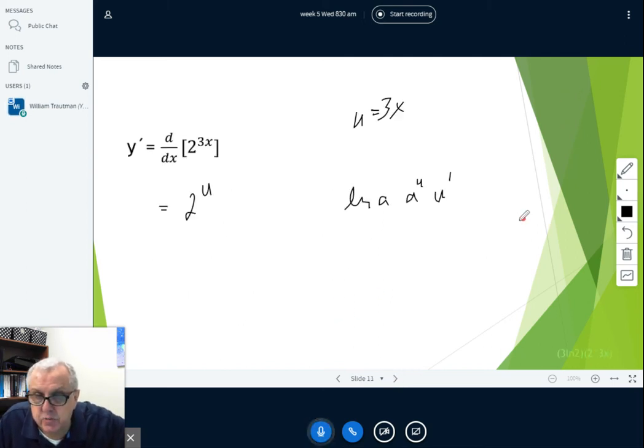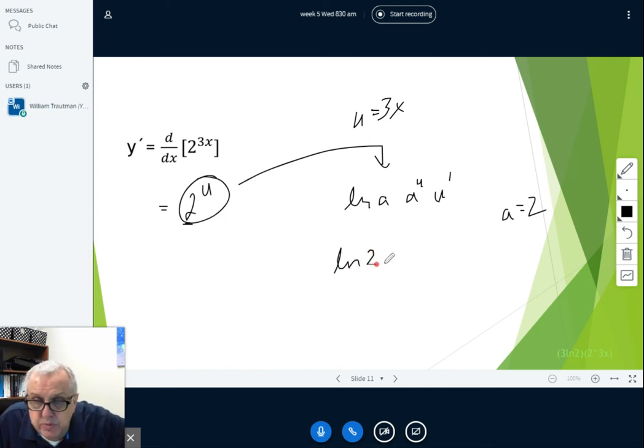And in our case, we said a equals 2. So if we're going to take the derivative of this, we're just going to plug it straight in. ln a is ln 2 times 2 to the u power, and u is 3x, times the derivative of u.